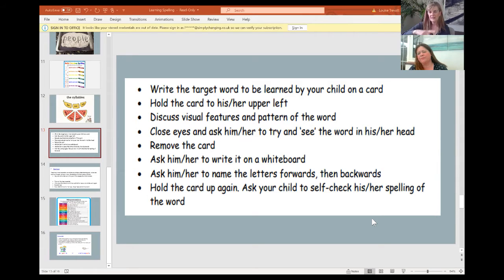So in the first day of the spelling, we were talking about the word mouth. So it would have a picture of a mouth with mouth written on, maybe on the lips or something, so that child can hold one image in their mind.